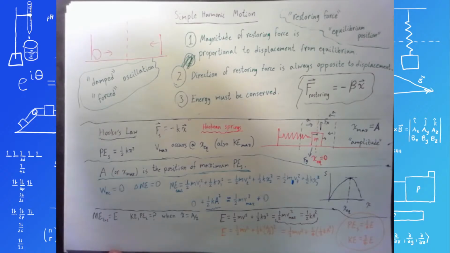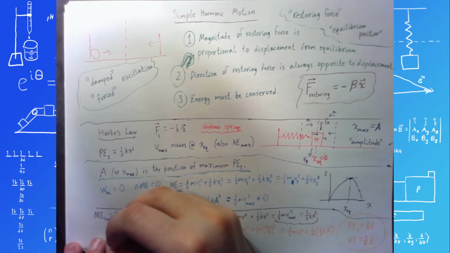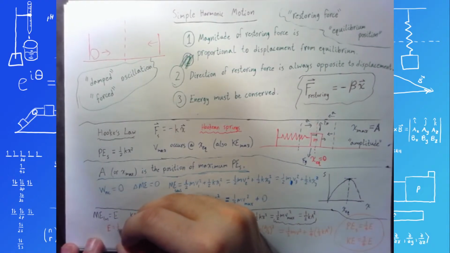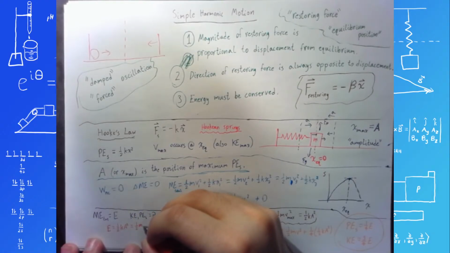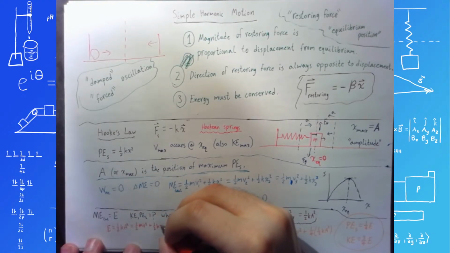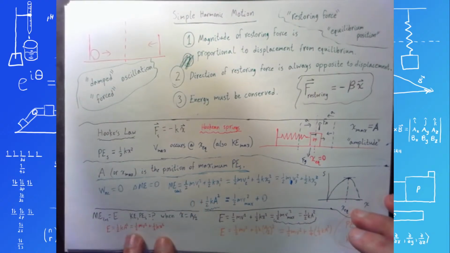So yeah, I'm going to use that. So I'm going to do energy total, which equals 1/2 Ka squared, equals 1/2 mv squared plus 1/2 kx squared, where these two are equal to each other.